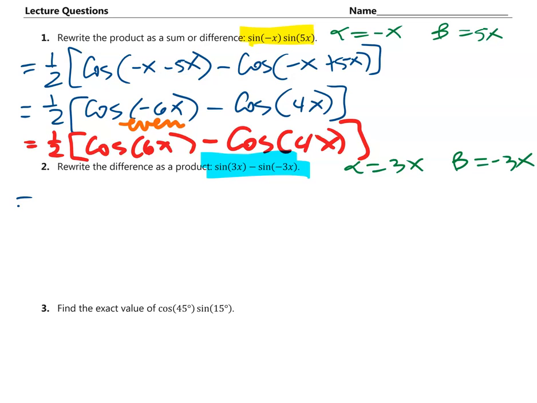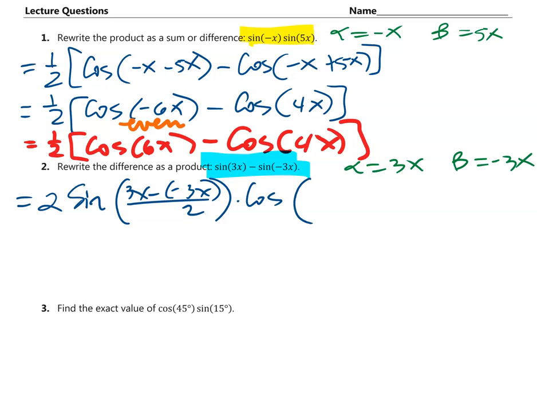So which formula are we going to use? Sine 3x minus sine. So yes, go back and check the formulas, and it's going to be 2 sine of alpha minus beta over 2 times cosine of alpha plus beta over 2.